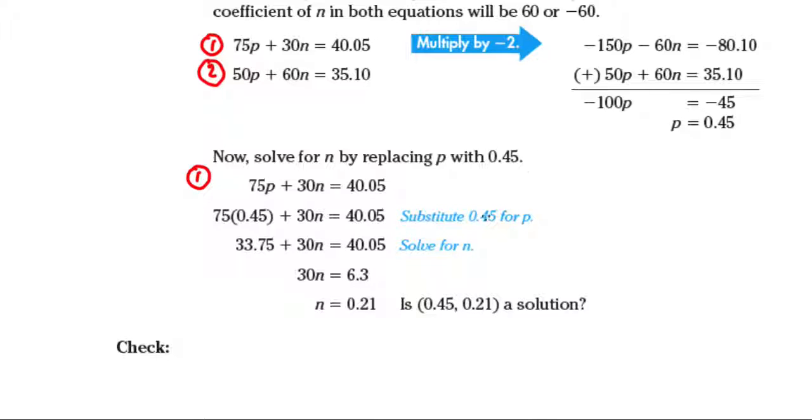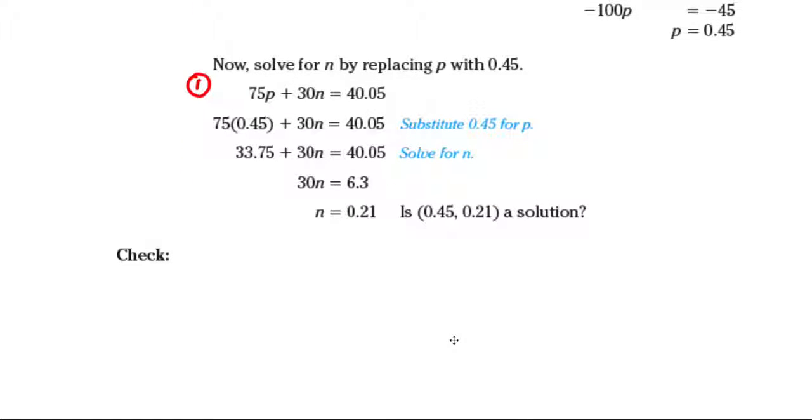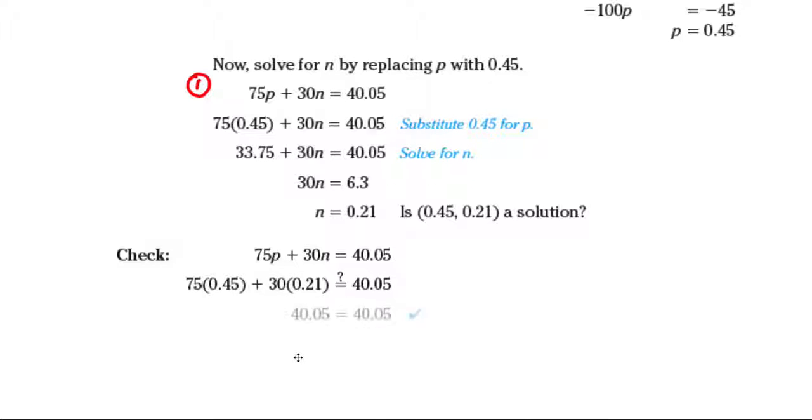Okay, is the ordered pair 0.45 and 0.21 a solution? To answer this, we go back and check our answer. Go back to equation 1, substitute 0.45 and 0.21 for p and n respectively, and you end up with a true statement.